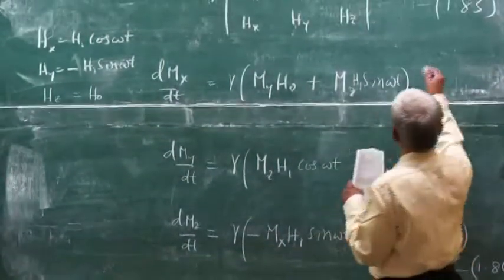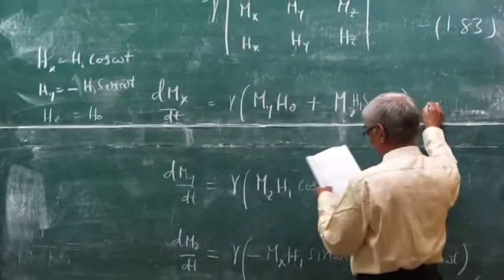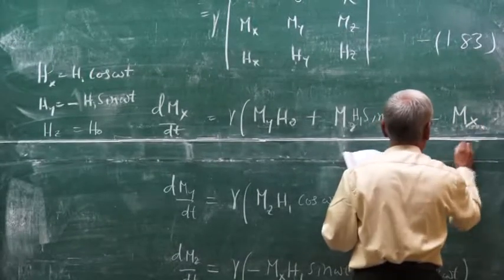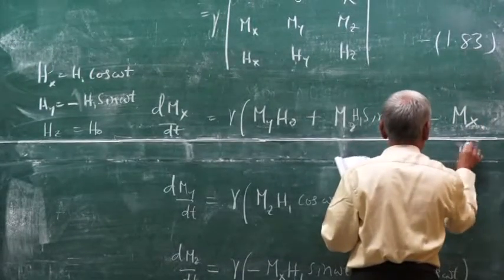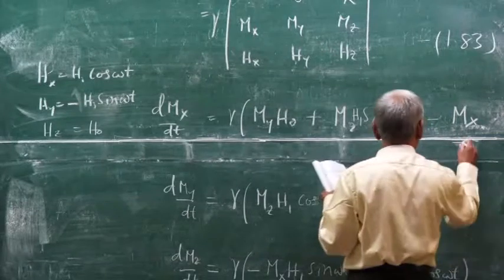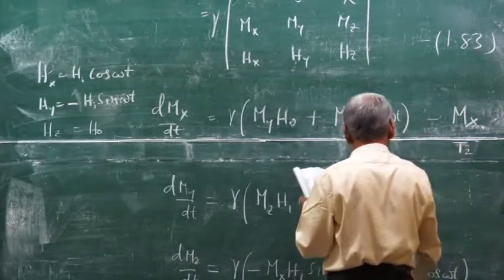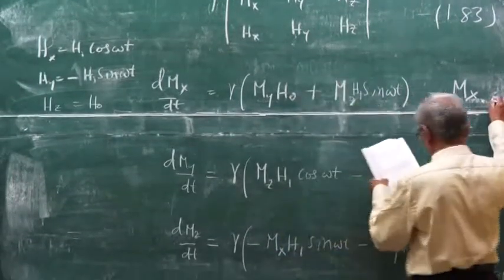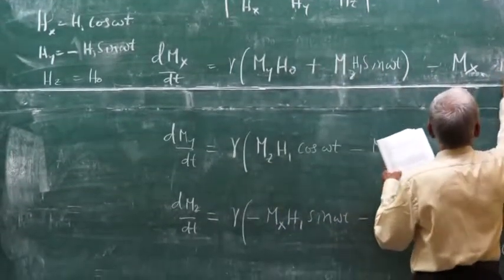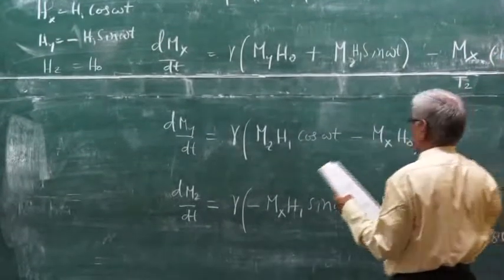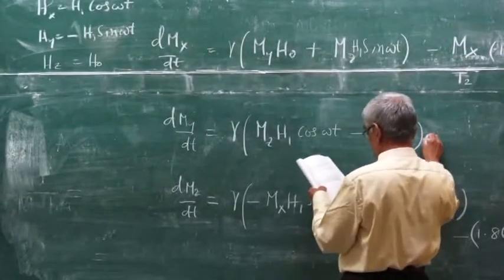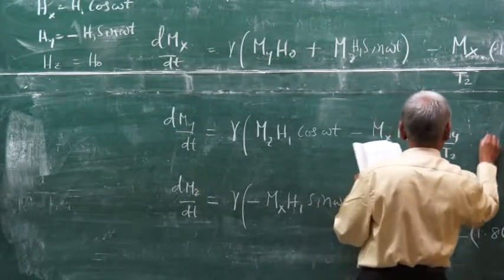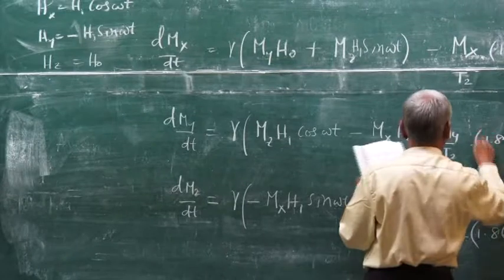If we include relaxation, dMx/dt, this is minus Mx by T2. I will tell you what this is. T2. Now this equation becomes 1.87. And for My, also he did minus My by T2. This is 1.88.